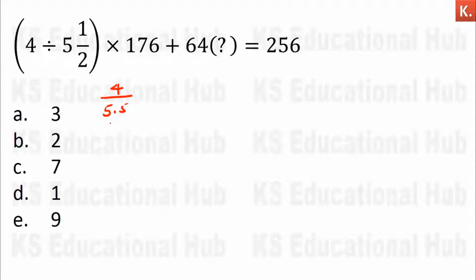So for that reason, here is a fraction, so I am going to multiply this with 10. So 5.5 into 10 is equal to 55. In the same manner, I have to multiply the numerator as well. 4 into 10 is equal to 40 into 176 plus 64 into x is equal to 256.